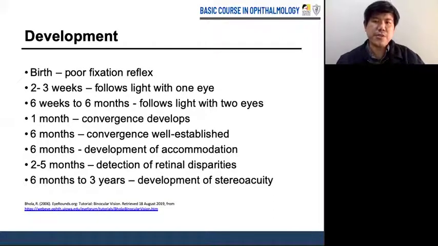Electrophysiological studies have shown that infants can detect retinal disparities between 2 to 5 months of age, but little is known about the development of stereo acuity between the ages of 6 months to 3 years, when the child may sufficiently be able to comprehend subjective tests. However, it is generally agreed that there is a gradual improvement in stereo acuity up to the age of 9 years.